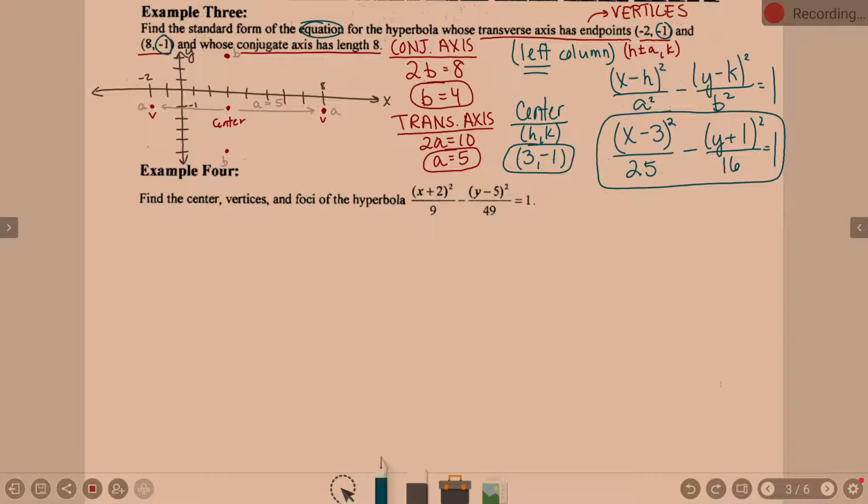In order to do this, we need to draw the asymptotes. In order to draw the asymptotes, I'm going to draw my rectangle. My rectangle is going to go through my a values and my b values. And there's my approximate rectangle.